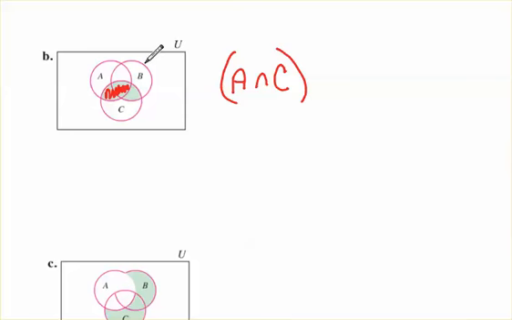And the other part is this section right in here, which is circle B intersected with circle C. So, and I'll do a little shading on that too. B intersected with C. Now, when we join both of those together, we end up with our entire shaded area. So this is going to be the union of A intersected with C and B intersected with C.